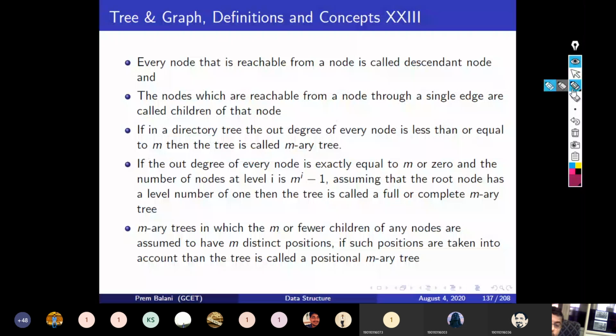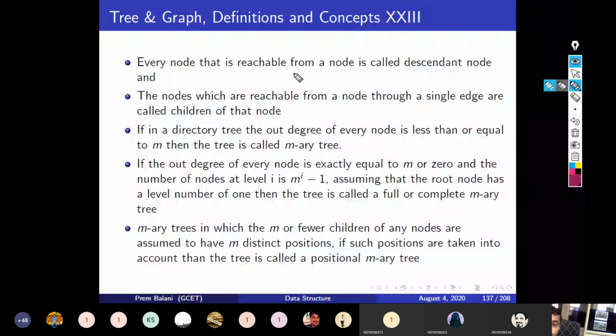So every node that is reachable from a node is called the descendant node.